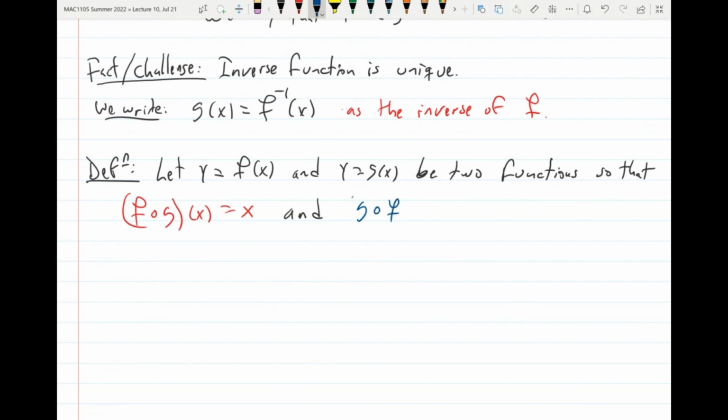And g composed with f is equal to x. So you have two functions and this happens.